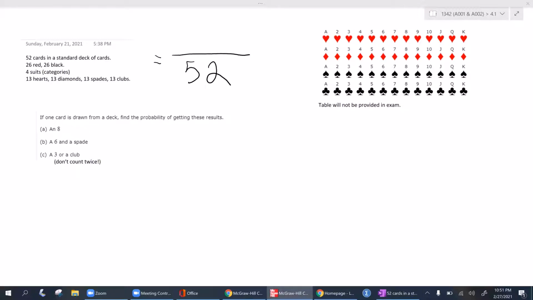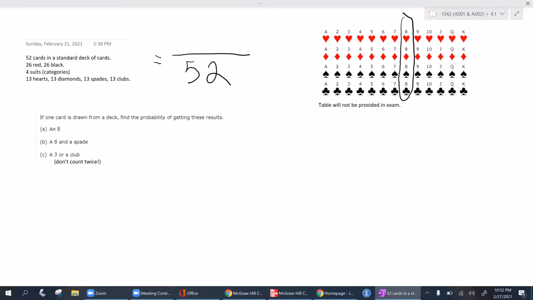So let's go ahead and begin. If one card is drawn from the deck, find the probability of you getting an 8. You need to know how many 8s there are in a deck of cards. There are 4 of them.